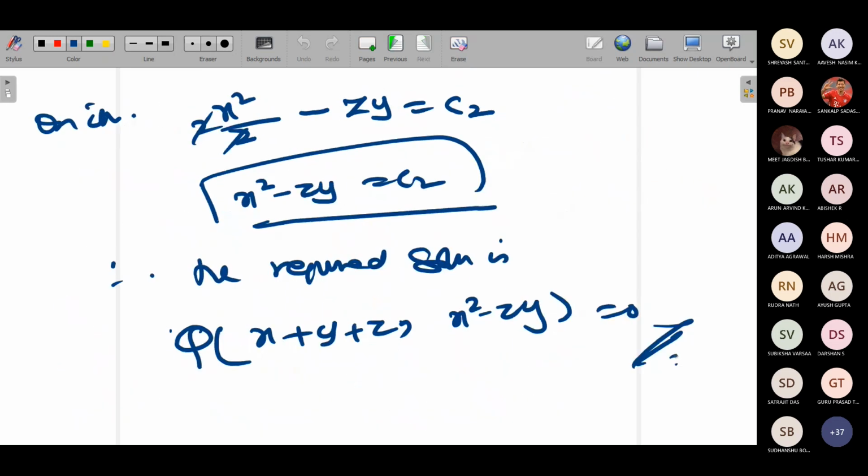In the last problem, I chose 1 multiplier and one method of grouping. In the first problem, I did both methods of grouping. So either way, you can do the problems. There is no restriction, and they will not question you on the method of multipliers in general. They will only give you the problem and ask you to find the solution. Okay. Wind up here. Further problems we'll see in the next class.